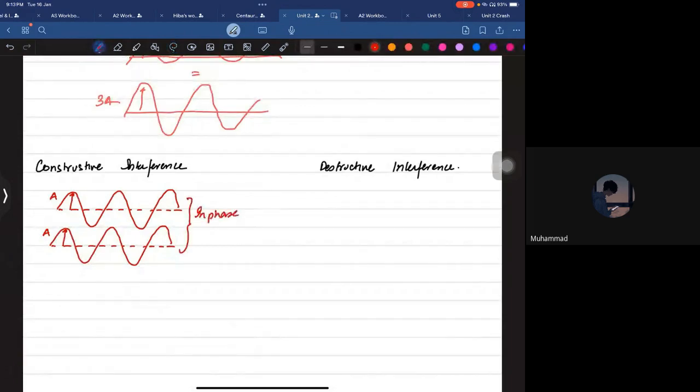When I say in phase, it means they have a phase difference of 0 degrees, 360 degrees, 720 degrees, and so on, right? We learned about phase difference, and when I say they're in phase, that means they don't have any phase difference, so they're 0 and 360 multiples. Is it clear?